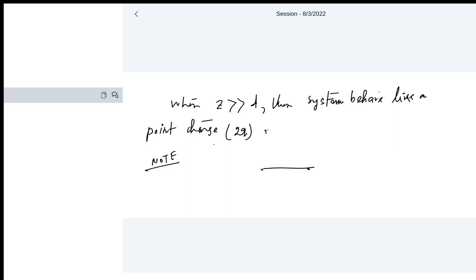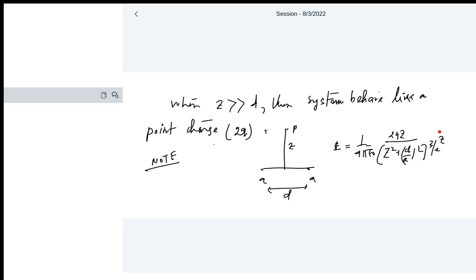This is the configuration: charges q and q, and the separation is d, and at a midpoint at a distance z, we are finding the electric field, and that electric field is basically 1 upon 4 pi epsilon naught 2qz upon (z square plus (d by 2) whole square) whole to the power 3 by 2.